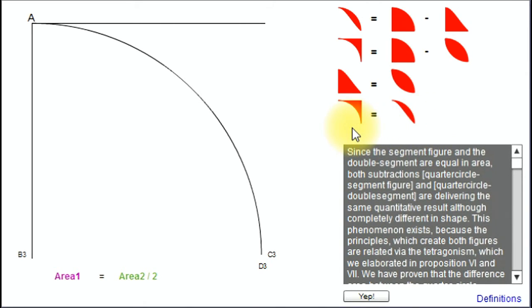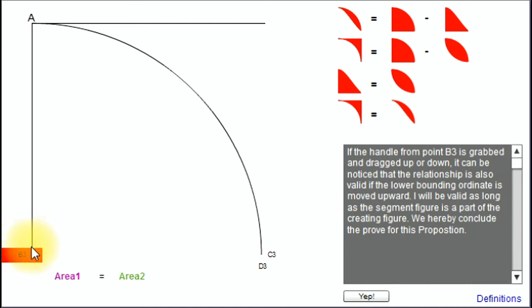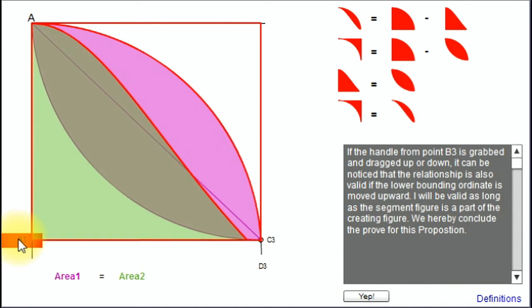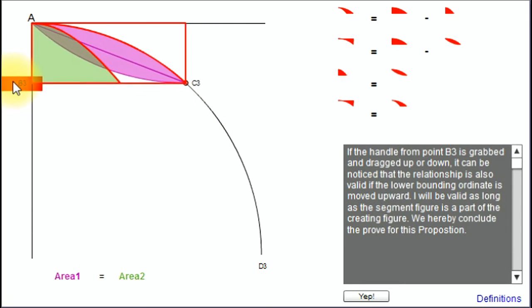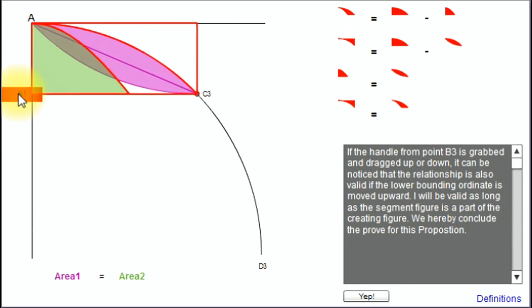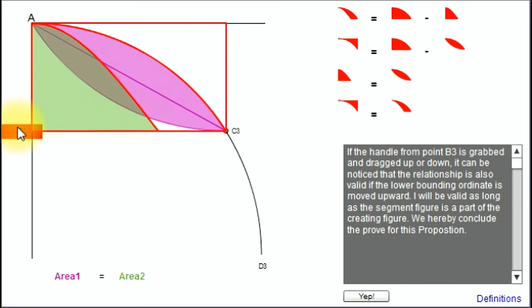And furthermore, this is not only valid when you use the area of the quarter circle, but the same principle basically applies when you move the ordinate up and down within the range of the quarter circle.